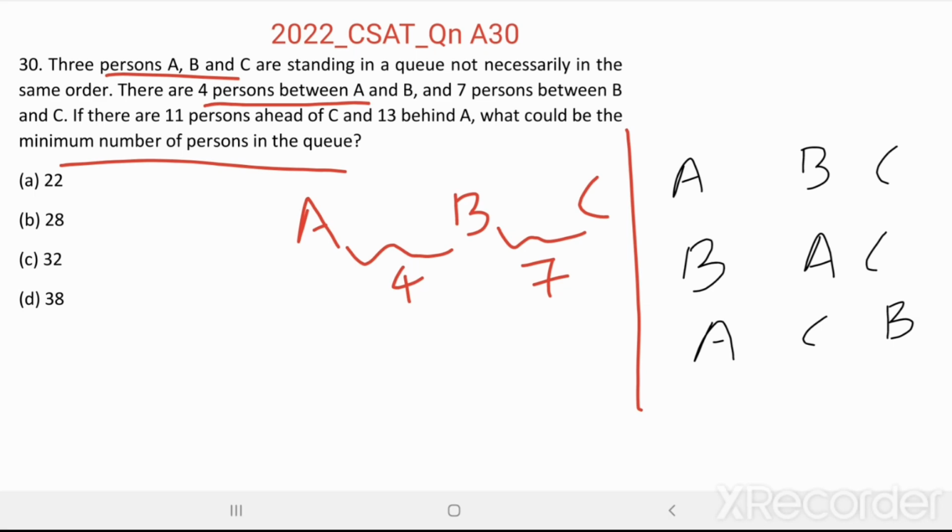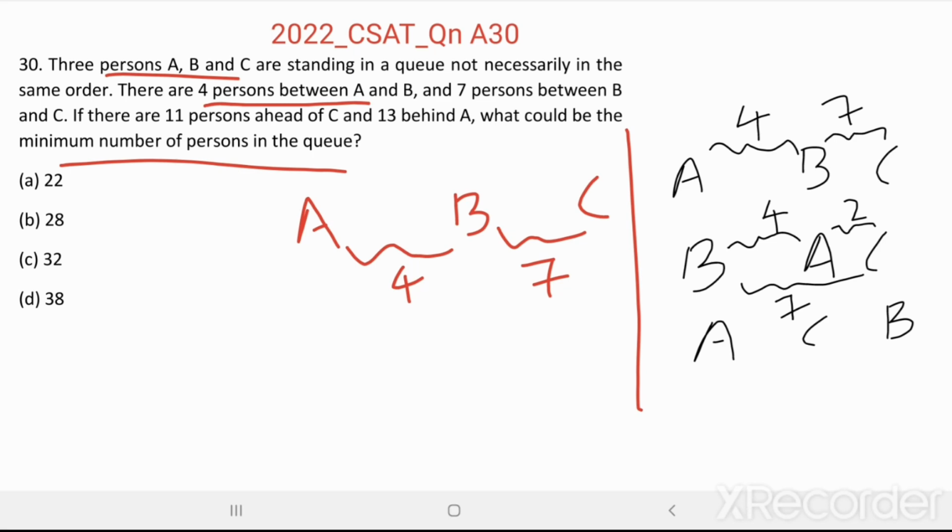So there are 4 between A and B, 7 between B and C. This is one arrangement. Then there are 4 between A and B and 7 between B and C, that means there are 2 between A and C: 2 plus 4 is 3, 3 plus 4 is 7.